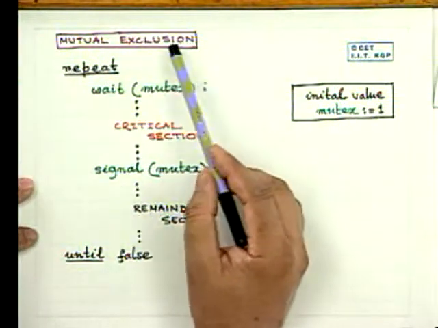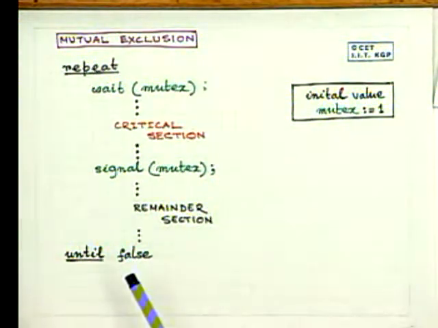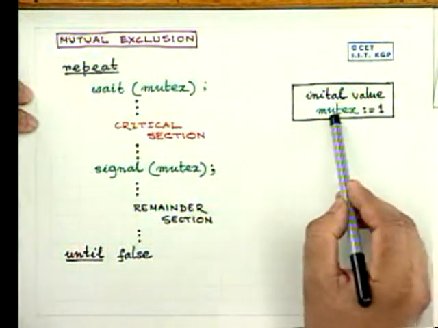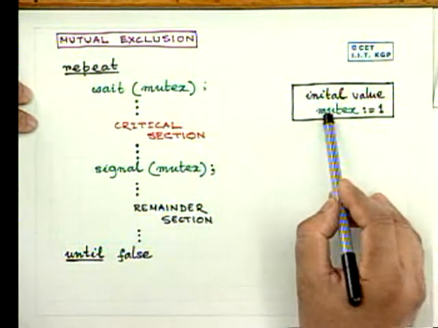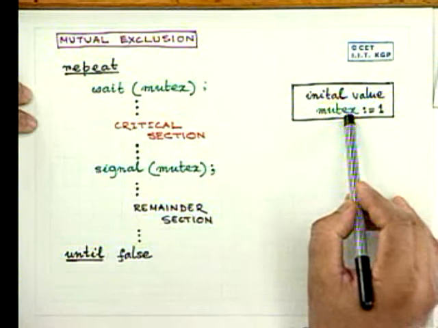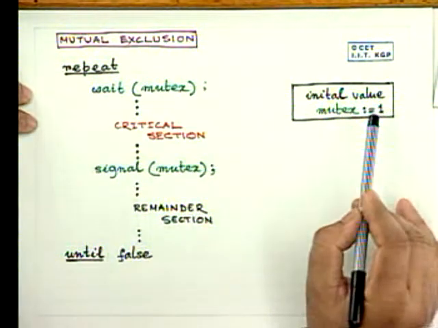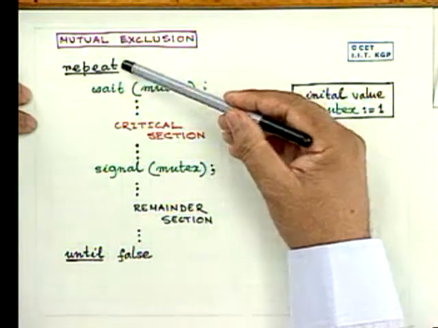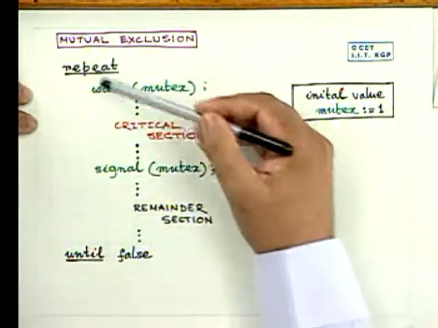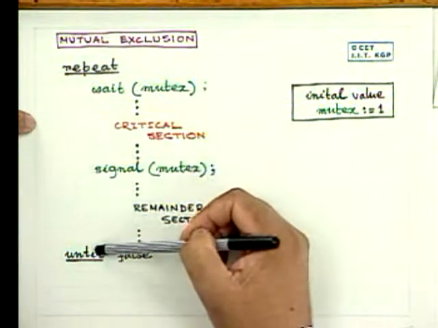Now let us see just one example of how this semaphore can be used. How do I implement mutual exclusion in terms of this semaphore? What we do is define a semaphore mutex, which stands for mutual exclusion, and assign the value to be 1. Now here, this is a process which continues indefinitely.